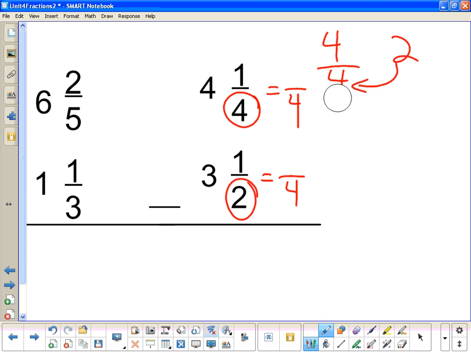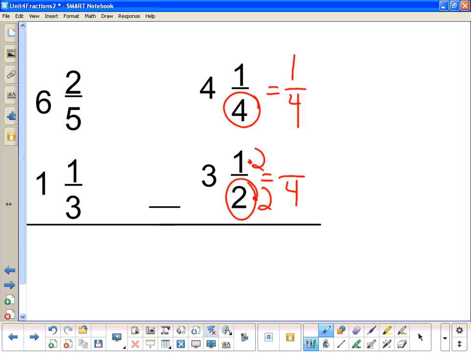We're going to make equivalent fractions now. So 4 changes into 4 on the top. Well, we don't do anything to that, so that's going to stay as 1/4. On the bottom, 2 changes into 4 by multiplying by 2. If I multiply by 2 on the bottom, I have to do the same to the top.